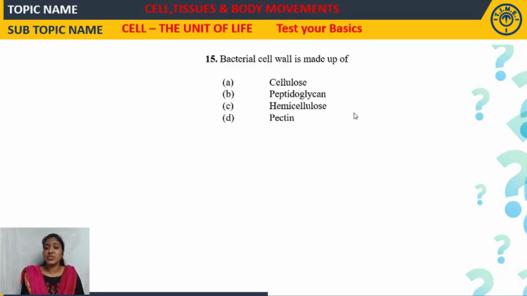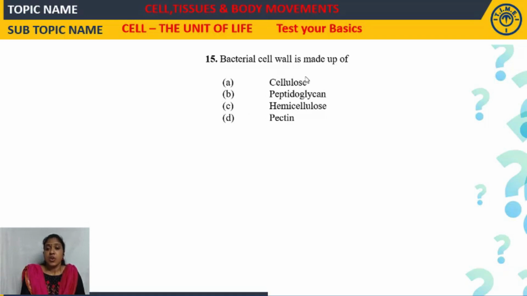Hemicellulose is small and branched, made up of different types of monosaccharides like glucose and galactose. And pectin is a substance of which the middle lamella is made. It is also a carbohydrate.